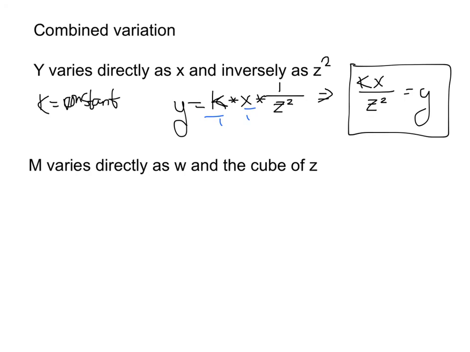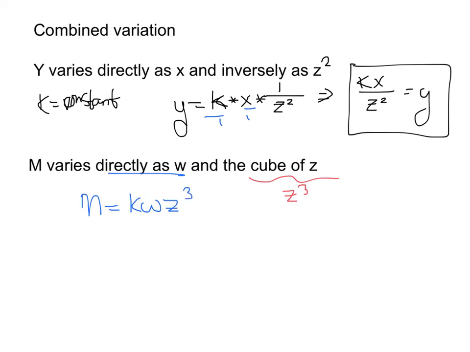So hopefully when you think of the cube of z, that's like z to the third power, or z cubed. So if m varies directly as w and the cube of z, this means that m is equal to our constant k times w, because it's directly, and the cube of z, so that's times z cubed as well.